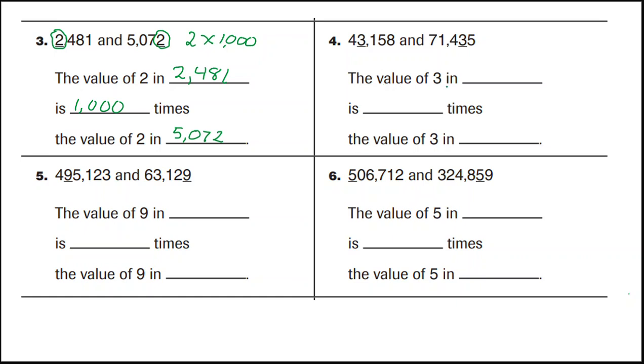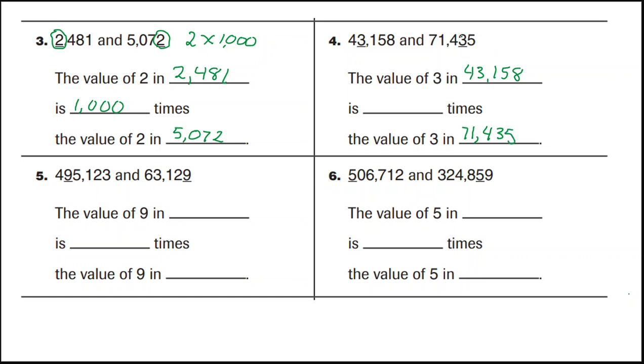Okay, the value of the 3 in this one right here, which is 43,158, is how many times bigger than the value of the 3 in this one, which is 71,435?